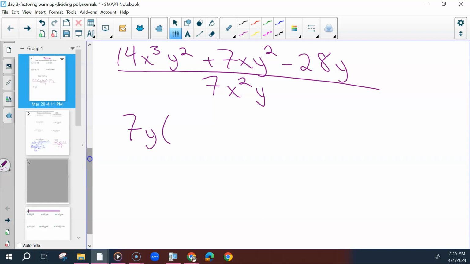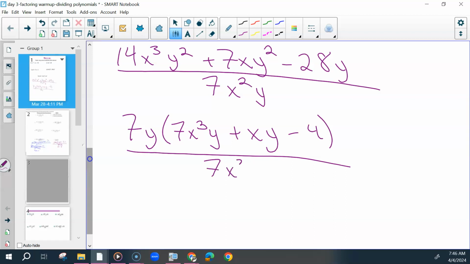If I start dividing that out of the numerator, what's left? 2x cubed y, no, just y, plus xy, minus 4, no, just y, 4. Normally when we do these they are the same, but they're not in this case.